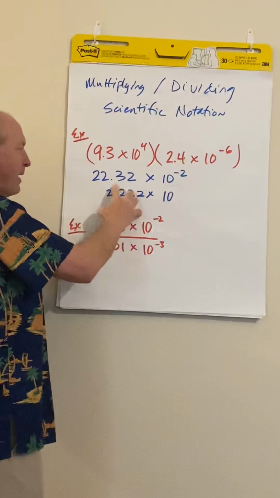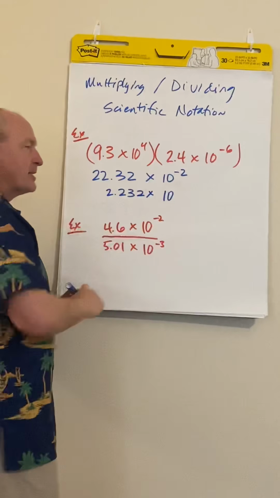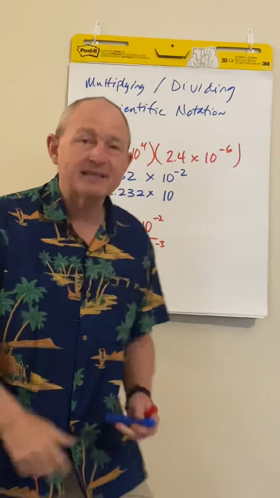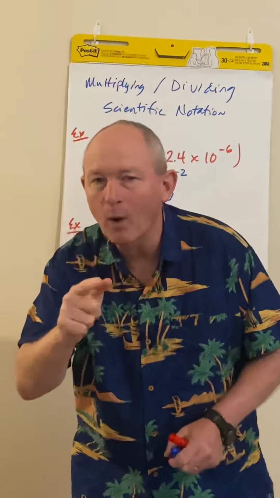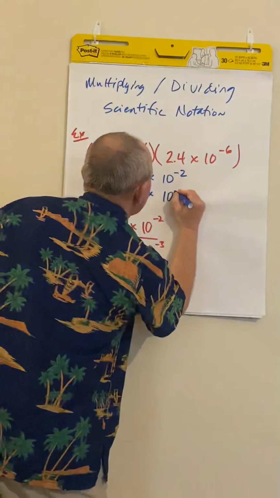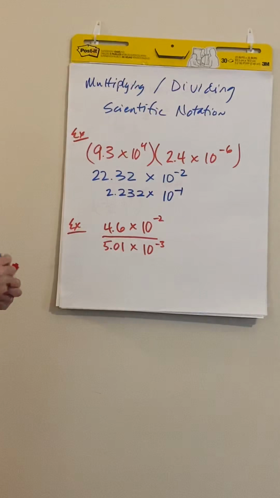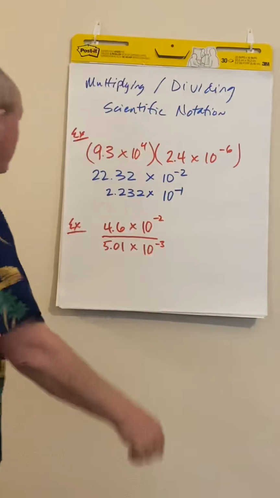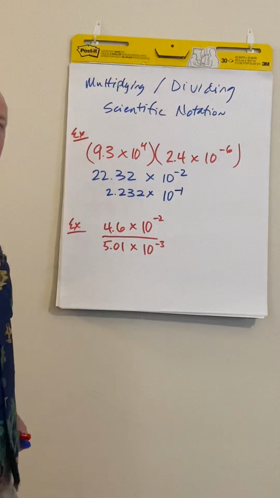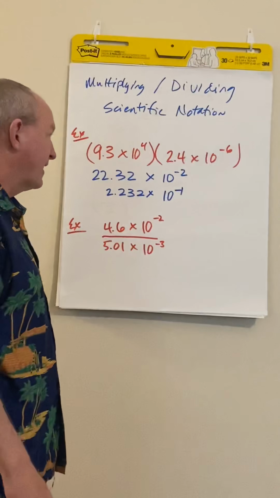We made it smaller by 1 decimal place, so we're going to make the exponent bigger by 1. Bigger than negative 2 is negative 1. So the final answer is 2.232 times 10 to the negative 1. That is the correct final answer to that problem.